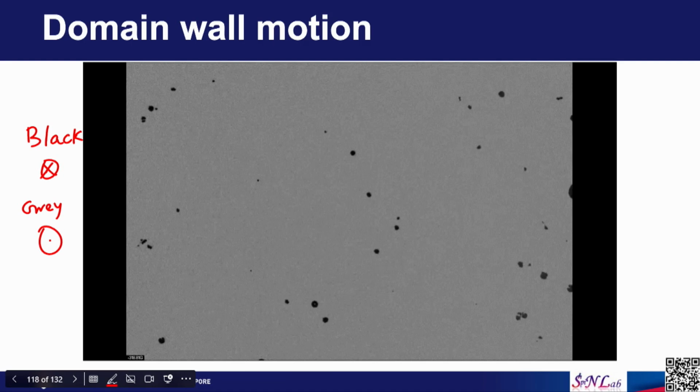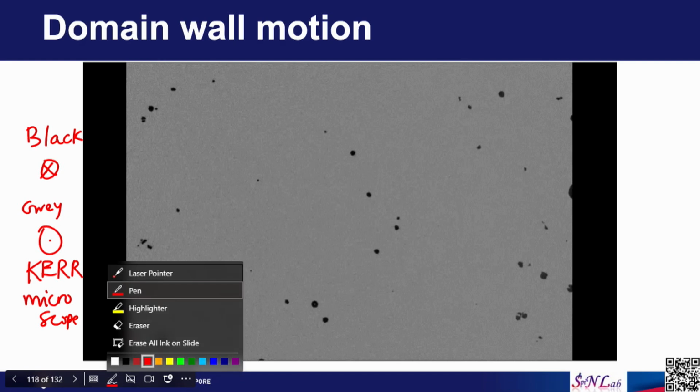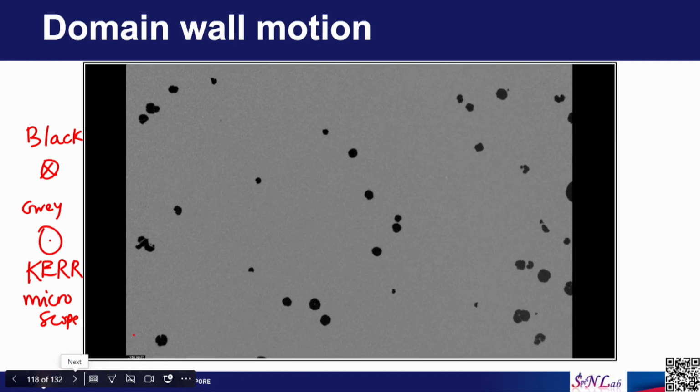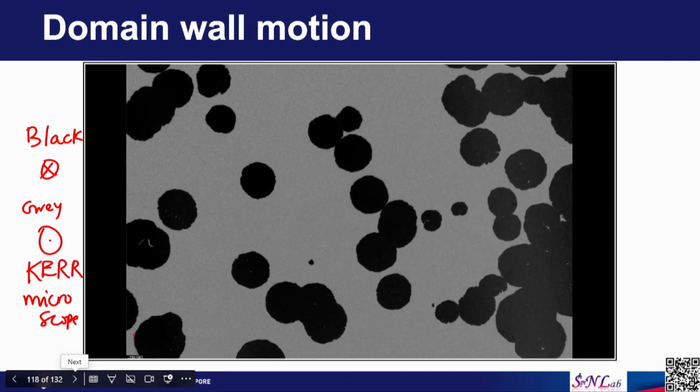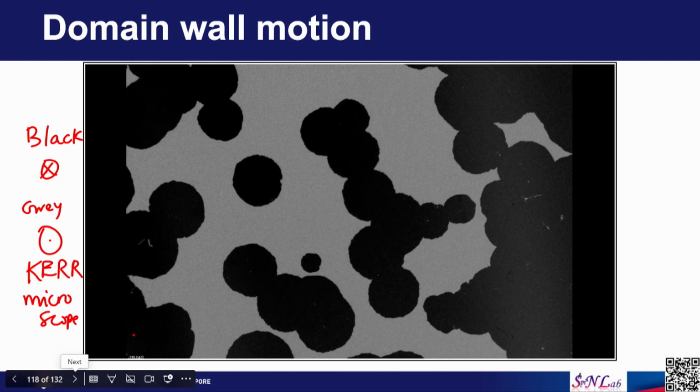This video was taken using Kerr microscopy in my lab, so we can observe the domains, domain wall motion and so on. When we apply a certain magnetic field, these domains expand. The black domain expands. This is the domain wall.